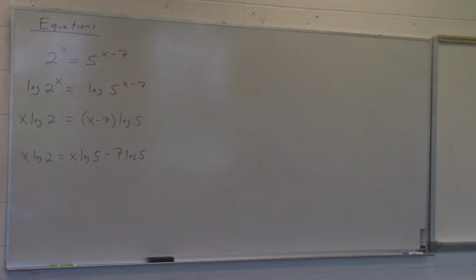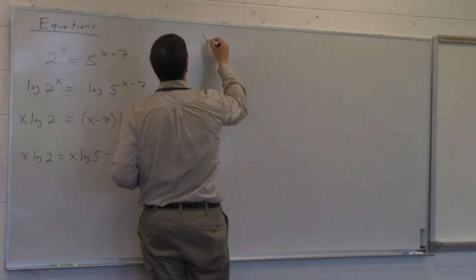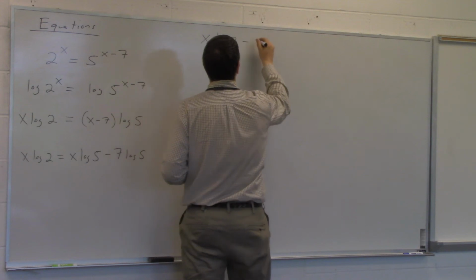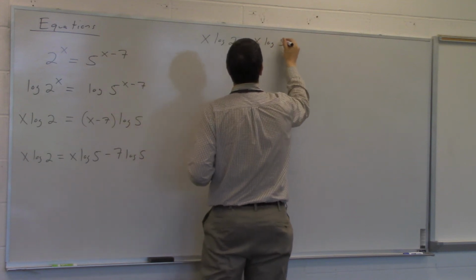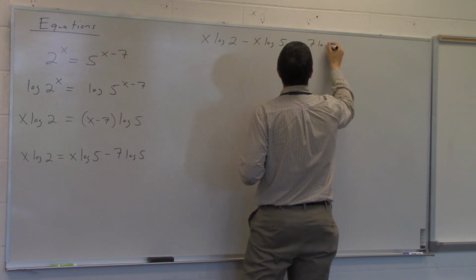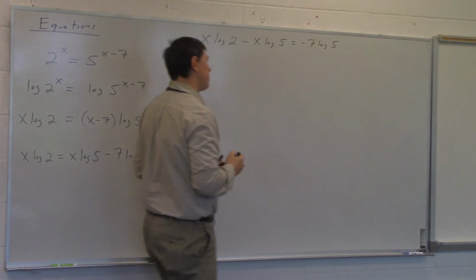Okay. Then I'm going to move x log 5 to the left-hand side by subtracting. So we get all the x's to one side, just like you usually solve an equation. So I'm going to have x log 2 minus x log 5 equal to negative 7 log 5.